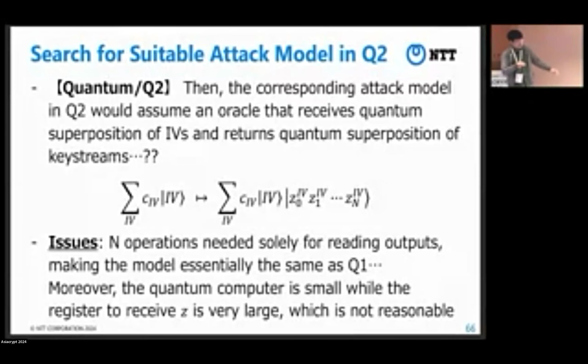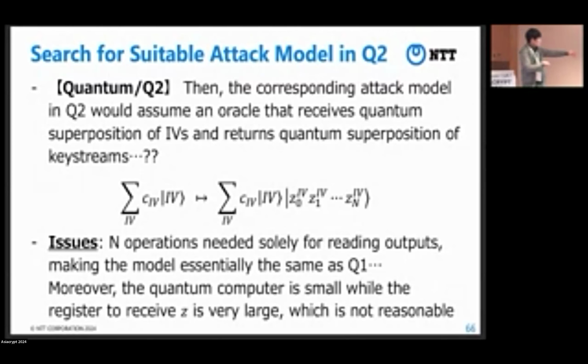But here we have some issues. The first issue is that N operations are needed only for reading output Z, the T stream. And this makes the model essentially the same as Q1. The second issue is that the quantum computer is usually small. When we consider quantum attacks on symmetric cryptosystems, we usually assume that the computer is of size 2 to the power 10 or 20 or something like that.